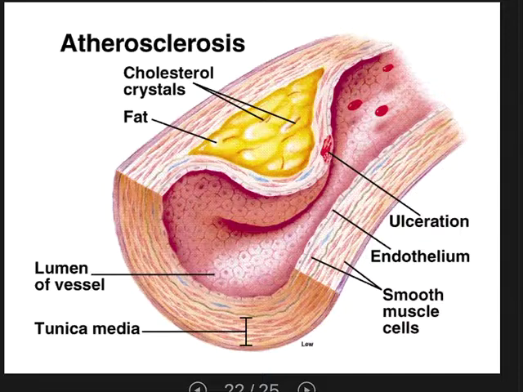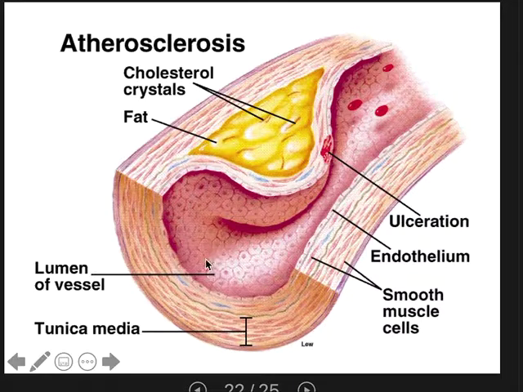Usually you have some damage to the wall that gets this process started, but not always. If you have high enough LDL, which we call the bad cholesterol, but LDL is a low density carrier of lipids, and it's carrying lipids to the arteries.